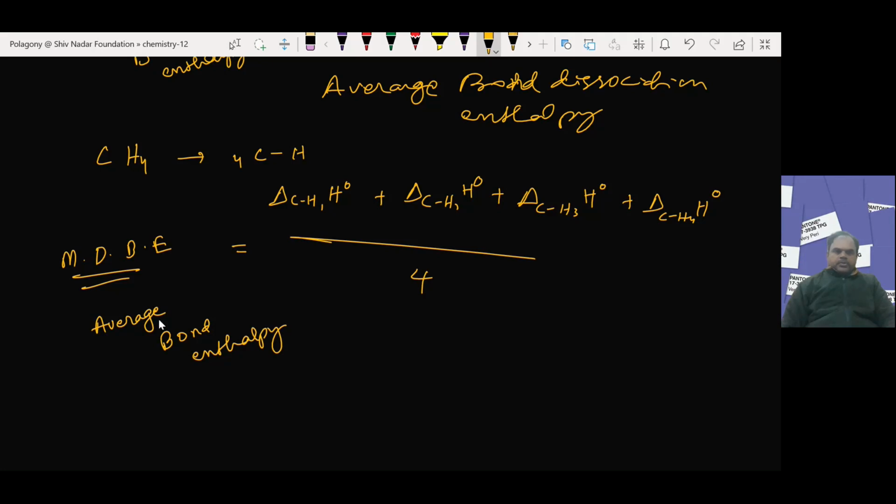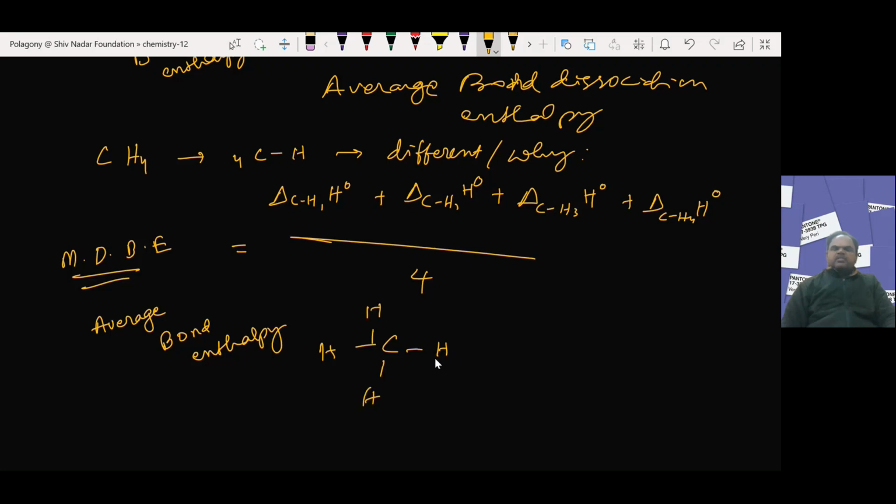So why do we have to use average bond enthalpy? Because the 4 bonds present in methane, though they are the same and have the same energy, their enthalpy changes will be different. Can you guess why? Because the electronegativity environment changes with the breakdown of, for example, CH4.